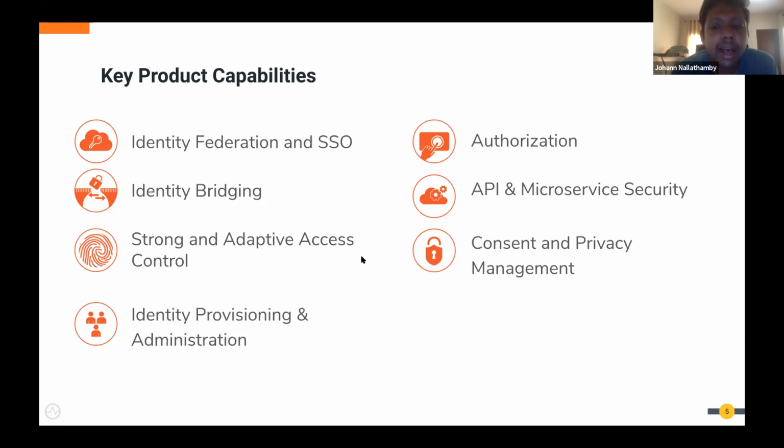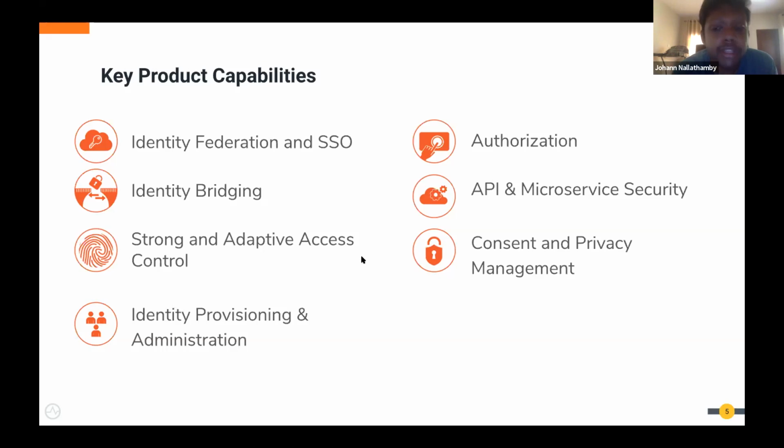And then when it comes to customer IAM, consent and privacy are key features that are required. So any data that your organization collects from your customers, any data that you store, and any data that you share with other applications, especially third-party applications, you have to make sure that the users are giving their consent, and this consent has to be very fine-grained, and it has to be time-bound as well.